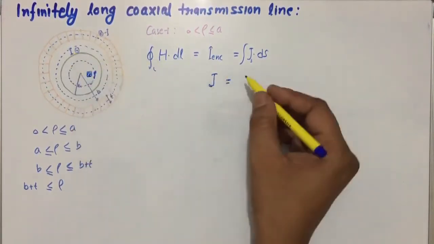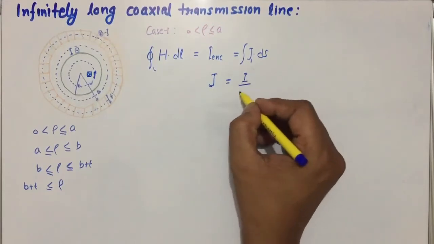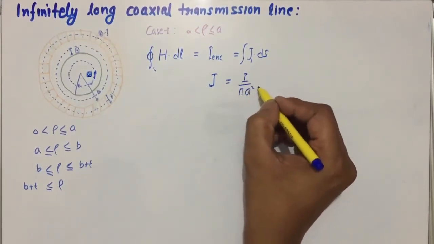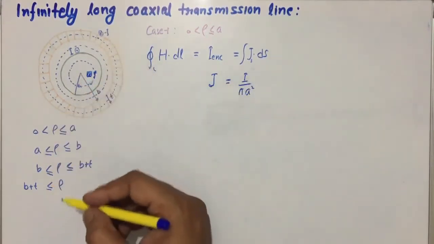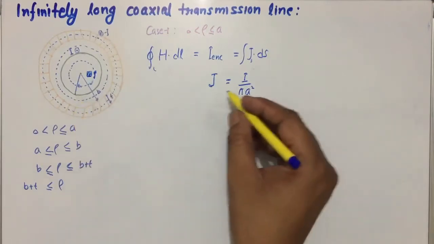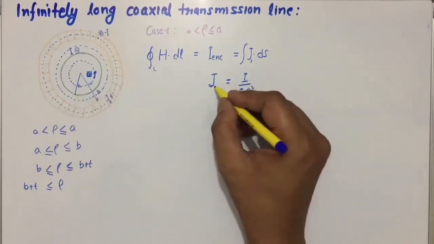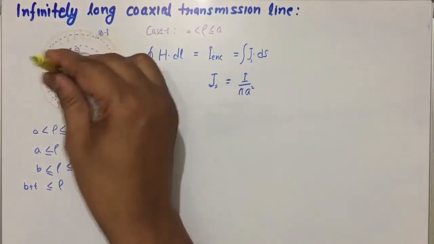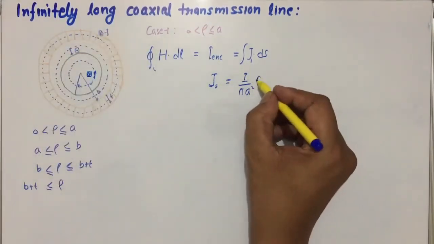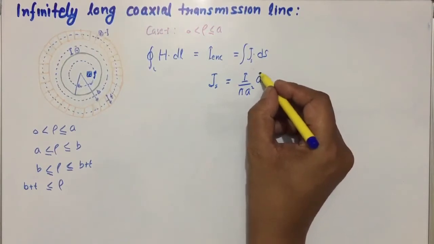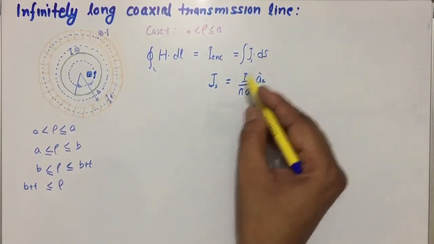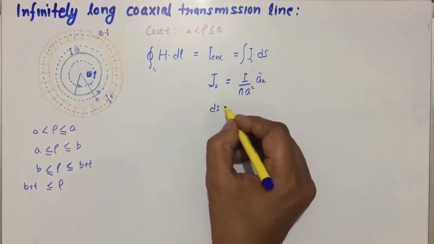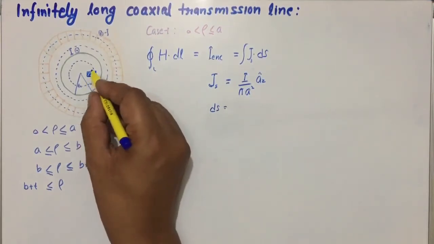Now J can be written as total current I divided by pi a square if the distribution is uniform. This is the current density, the surface current density. It will be in the direction of coming outward, that is az. We can write this, and ds can be written as this length into this length.